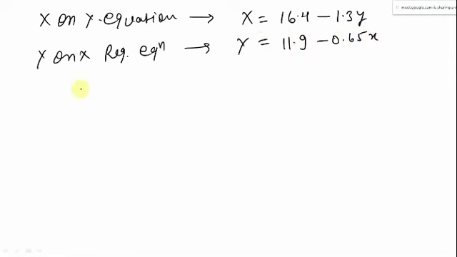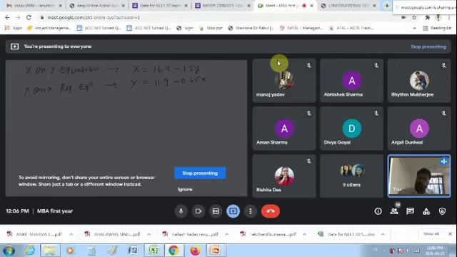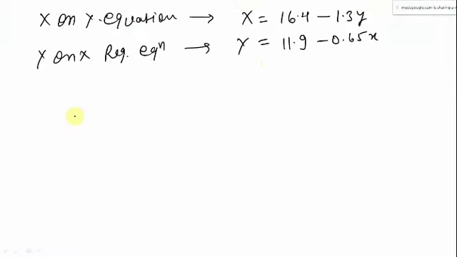If in the same question it asks me to find the regression equations, I have done that, and then it has a second part: what will be the value of x if y is equal to 10? Which equation will I use? The x on y equation, the first one.